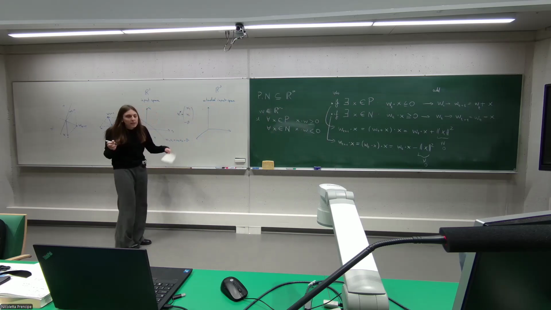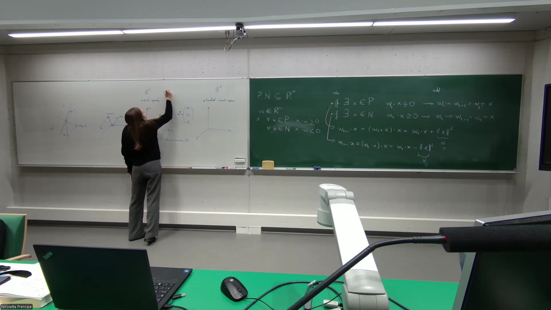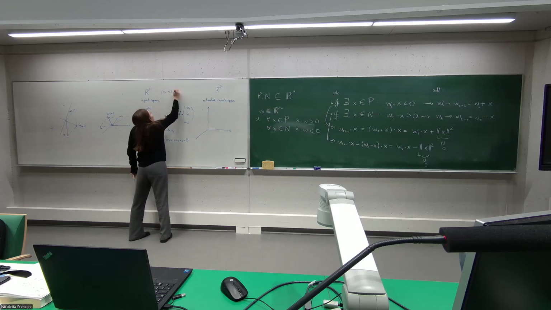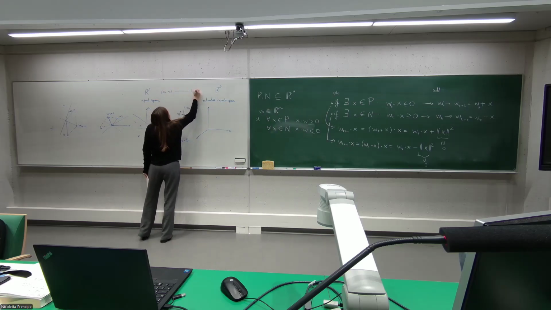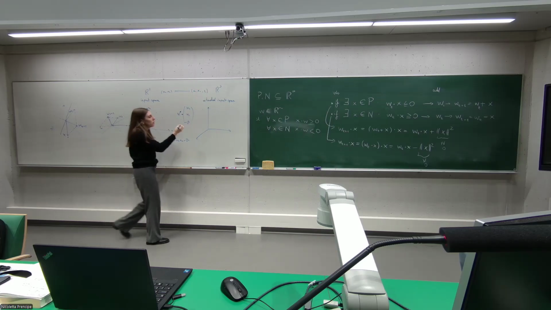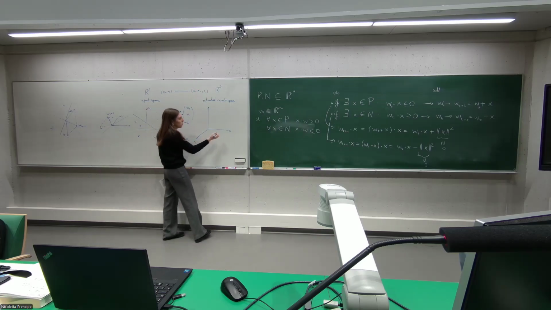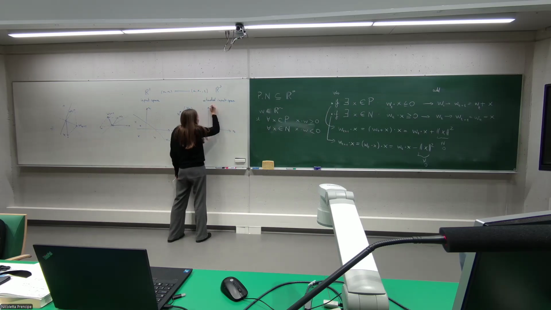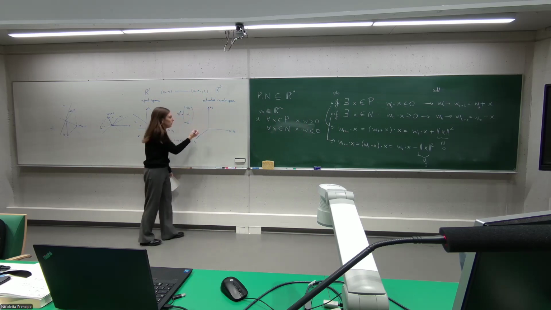When I go to the extended input space, I take a vector x1, x2, and I send it to x1, x2, 1. I'm calling this x3.